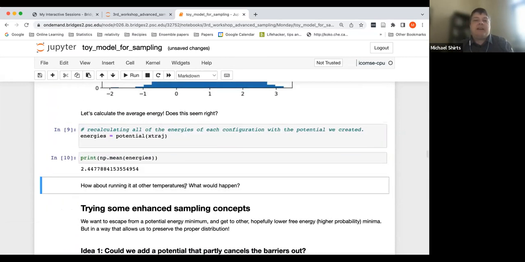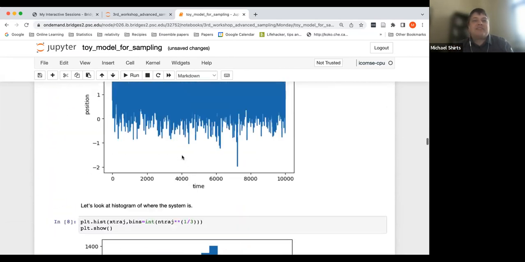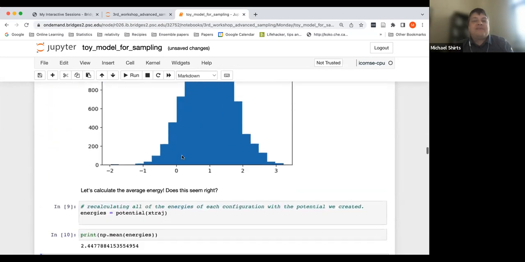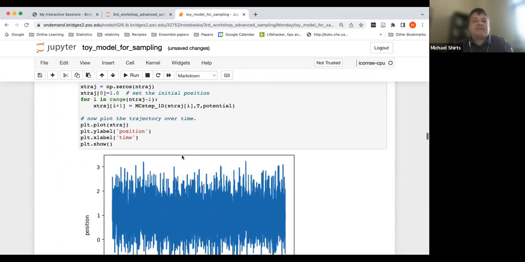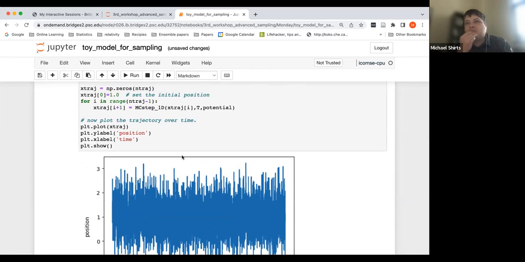How about running other temperatures? What would happen? Take a minute or so. Try running it with different temperatures and see what happens. I'll give you a minute or two.